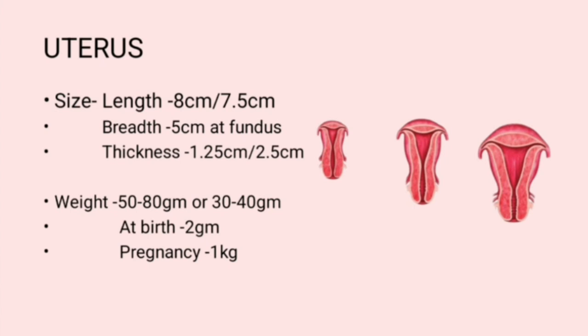In weight, it is about 50 to 80 gram in reproductive age, or you can say 30 to 40 gram. Both are correct. At birth, the weight is minimum, it is 2 gram. During pregnancy, the uterus enlarges, and hypertrophy and hyperplasia occur. That's why during pregnancy, it is about 1 kg.